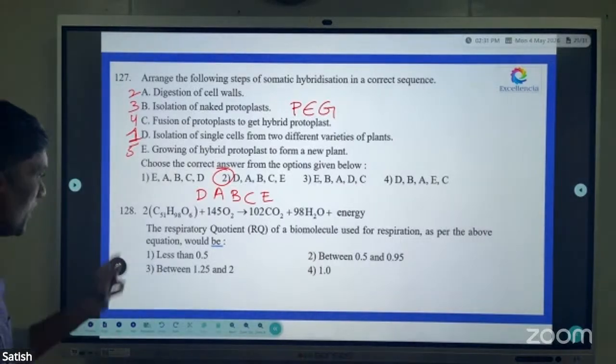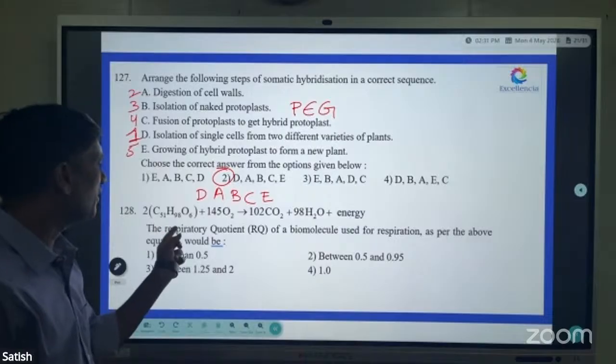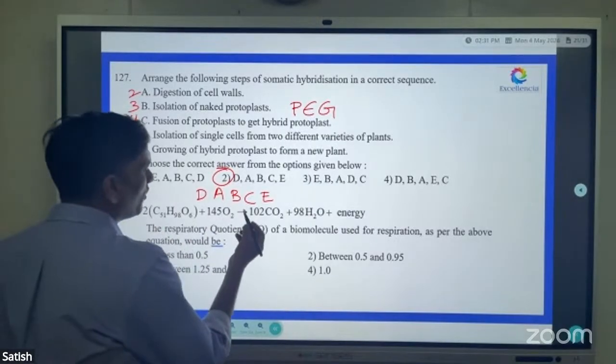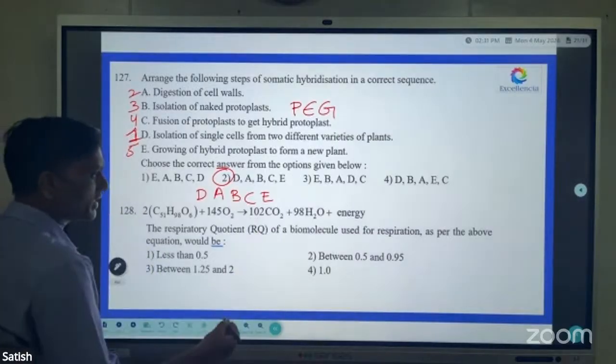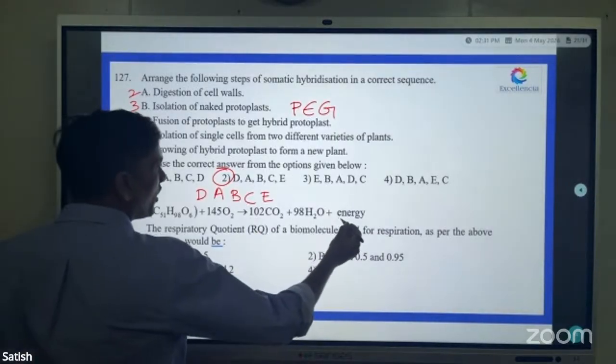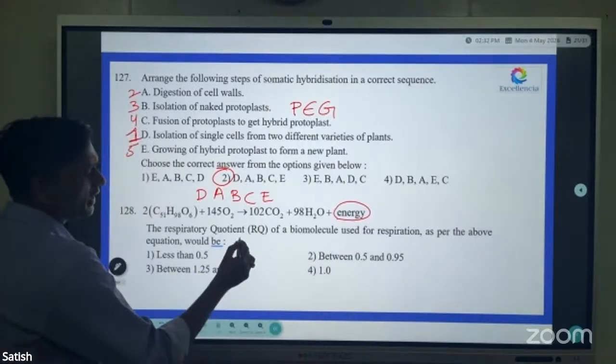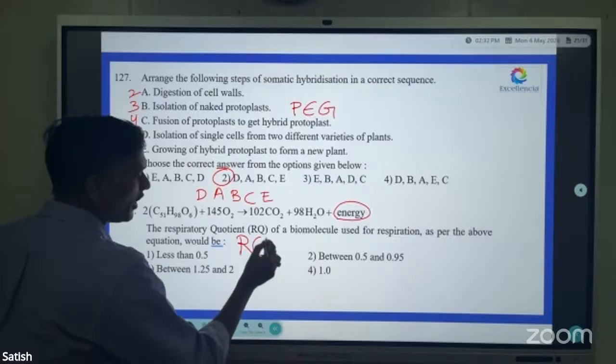Next. C51H98O6 plus 77.5 molecules of oxygen gives 51 carbon dioxide plus 49 water molecules, and energy is liberated. This question is mainly related to respiratory quotient, RQ.